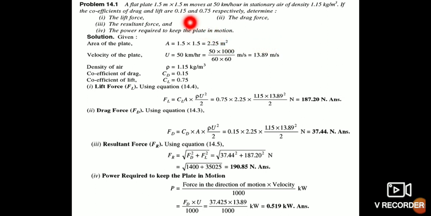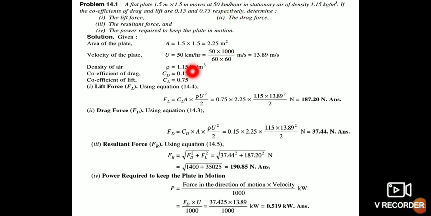A flat plate 1.5 meter by 1.5 meter means the maximum projected area A is equal to 1.5 into 1.5, which becomes 2.25 meter square. It moves at, so capital U, the velocity of the plate, is given as 50 kilometer per hour.